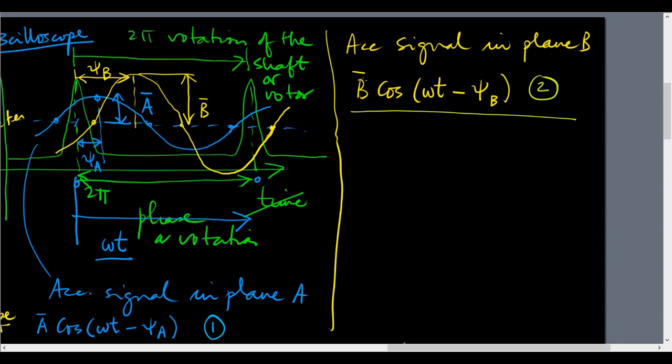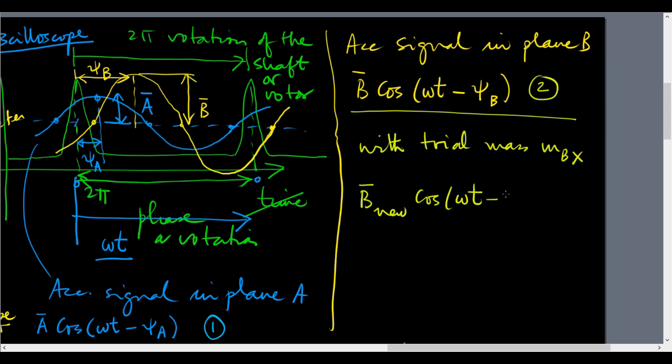What happens is I get, with trial mass mbx, what I get is a new one. See, I get b bar new cos omega t minus psi b new.